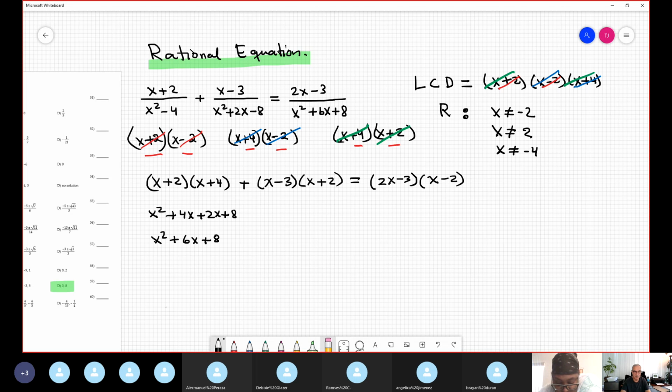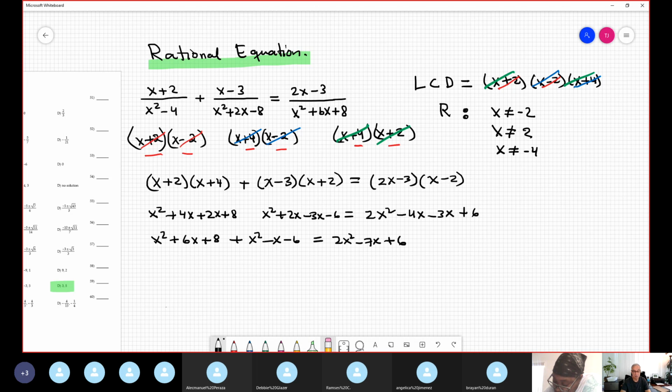The second FOIL is x² + 2x − 3x − 6. Therefore, you combine later: x² − x − 6. Okay, too fast. Now here is 2x², this is minus 4x, this is minus 3x plus 6. This is 2x² − 7x + 6.